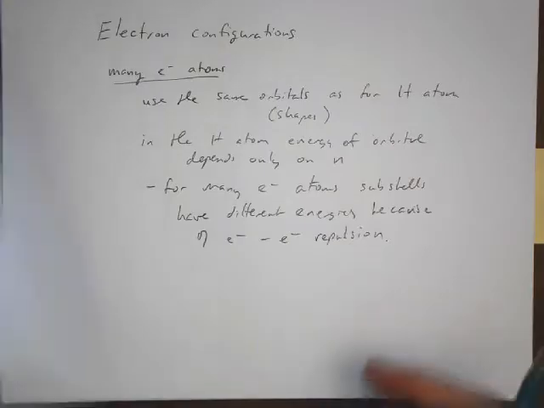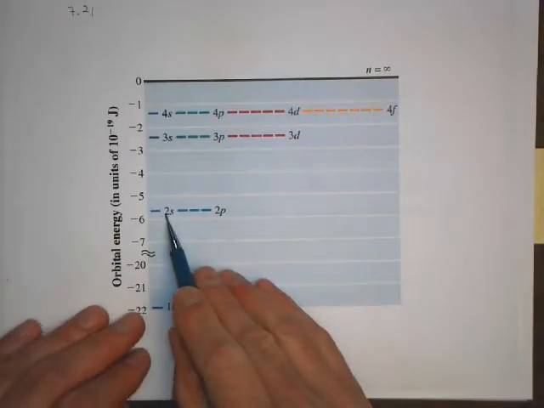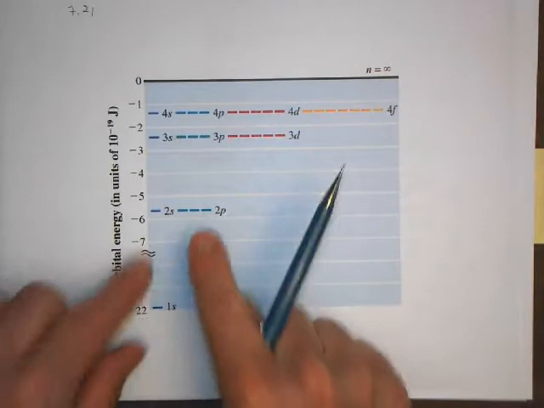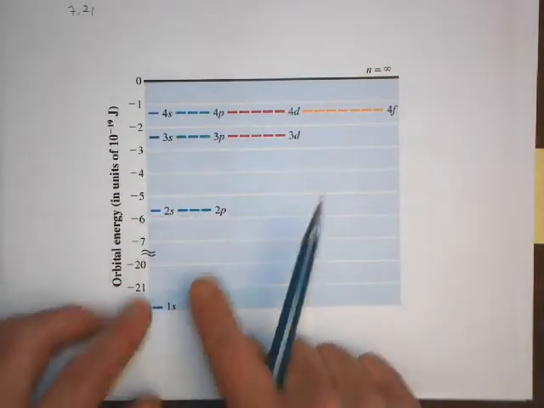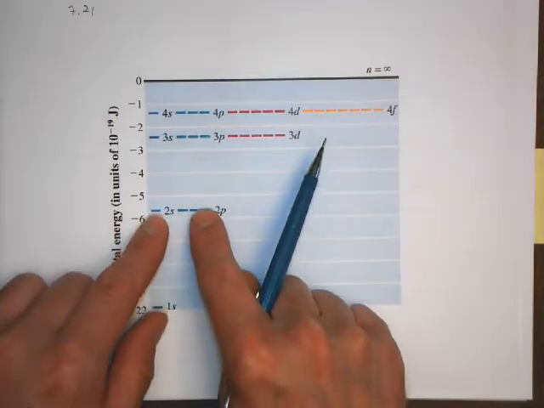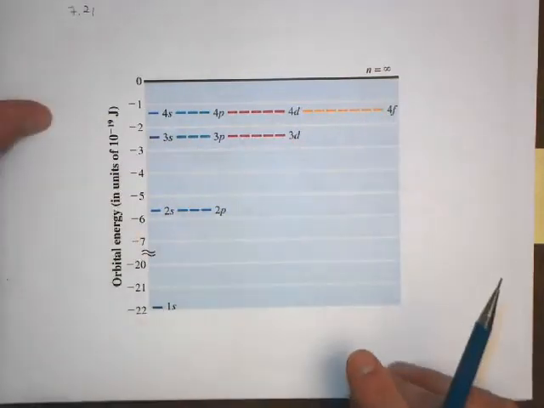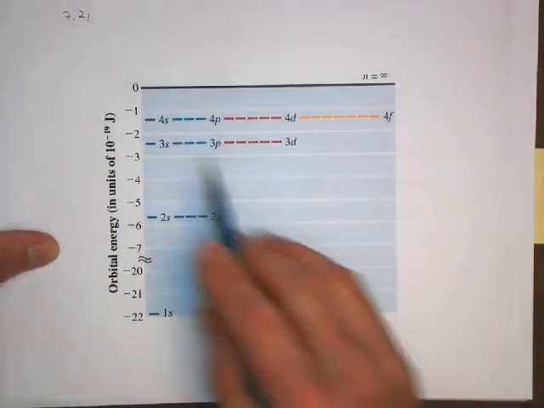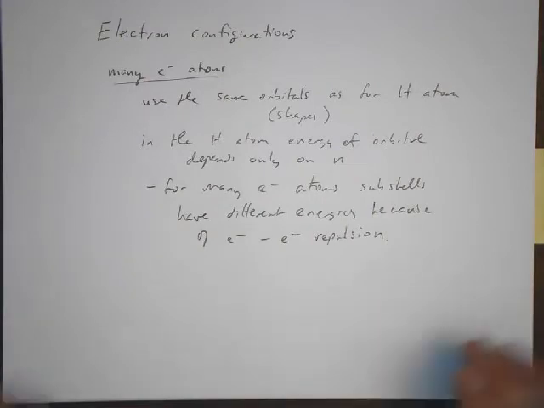We're going to see why this is the case. If we have electrons in the 2s and the 2p, what are their energy levels going to be? And so on for the 3s and the 3p again. We'll see exactly how that looks if we start to put more than one electron into the atom.